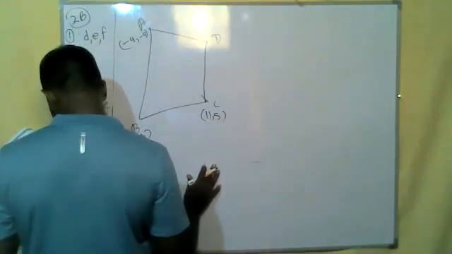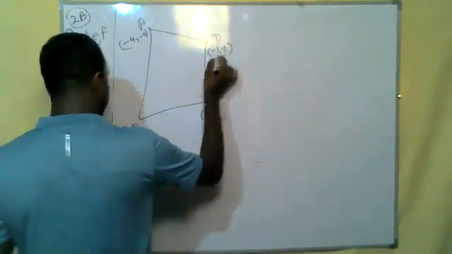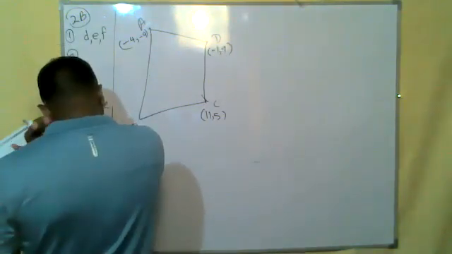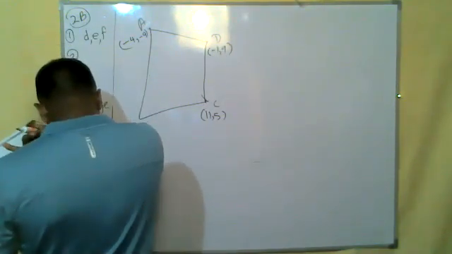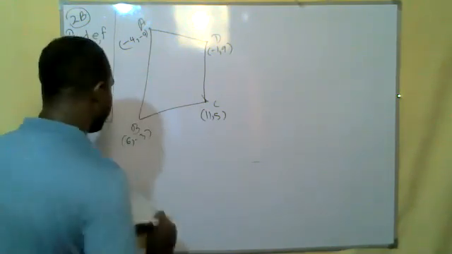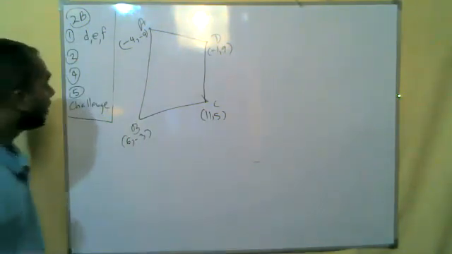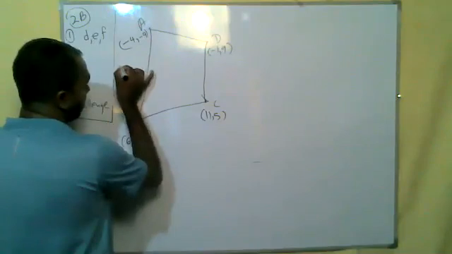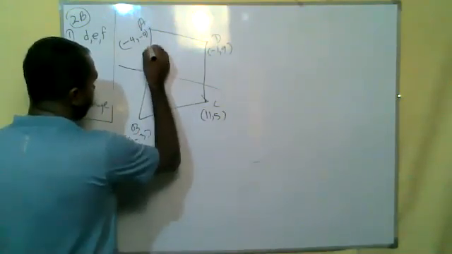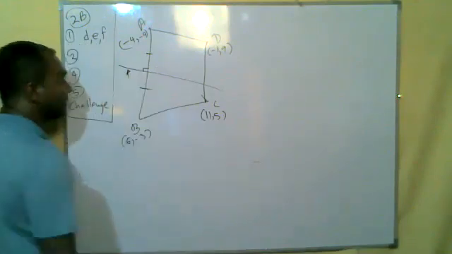And D is (-1, 9). Find the equation of the perpendicular bisector of the line segment AB. Perpendicular bisector. That means the perpendicular bisector of this line AB. We have to find the equation of this line.